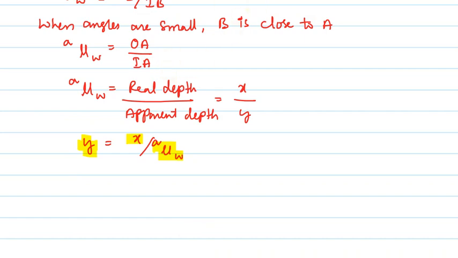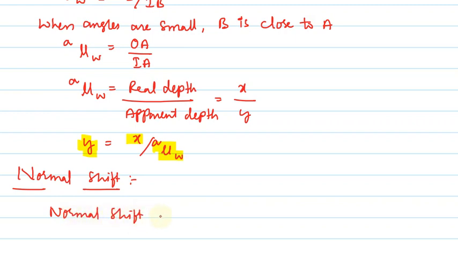Let us see an expression for normal shift. Normal shift is equal to real depth minus apparent depth. Just now we got an expression for apparent depth: apparent depth is equal to real depth upon refractive index of water with respect to air.